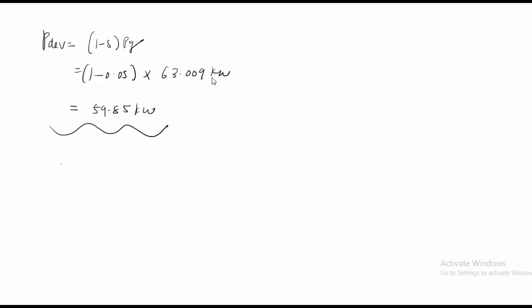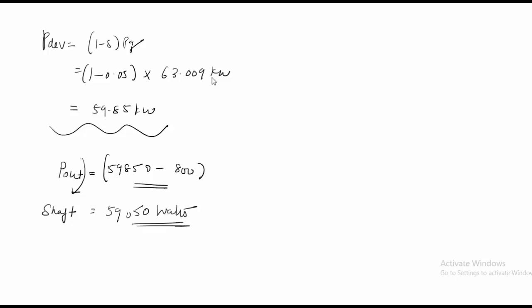Now your power out at the shaft, or the power available at the shaft, is equal to whatever is this 59850 minus 800. 59850 minus 800 is equal to 59050 watts.